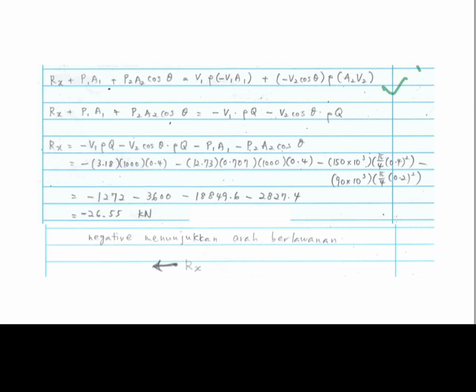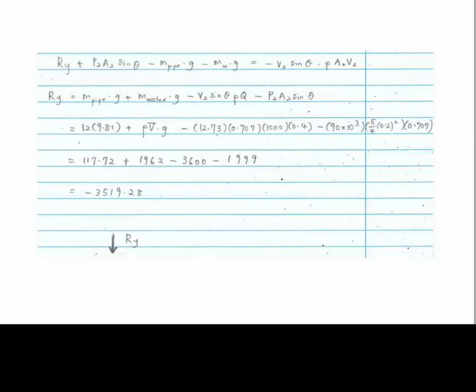So we get Rx is negative 26 kilonewton. So we need to change the direction. Now the Rx actually needs to be installed in that situation from right to left, and the magnitude of the force in the x direction is 26.55 kilonewton.